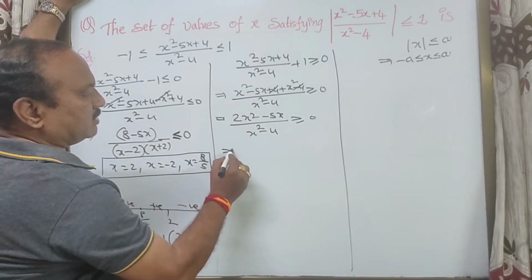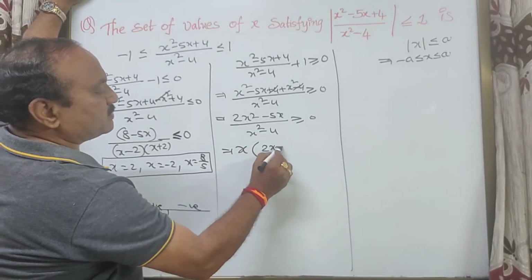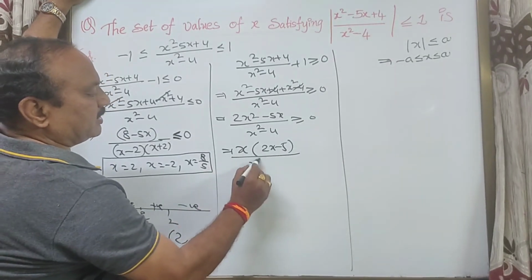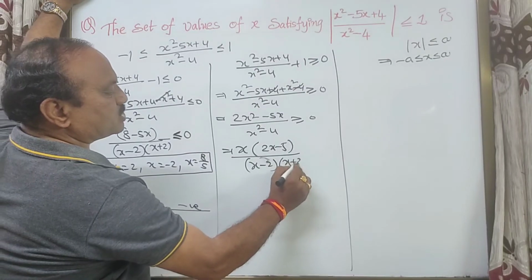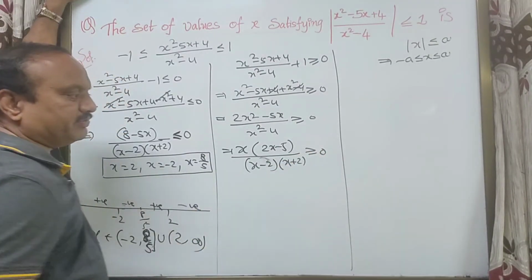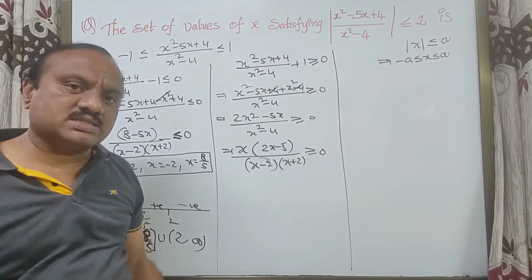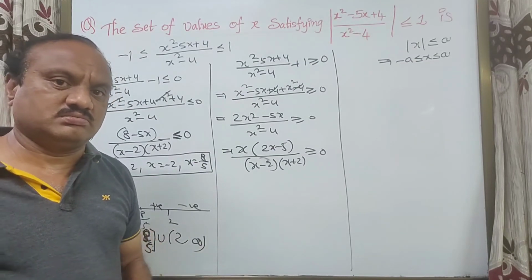Take x common: x into 2x minus 5, by x minus 2 into x plus 2. If you have an inequality like this, use the sign change curve.